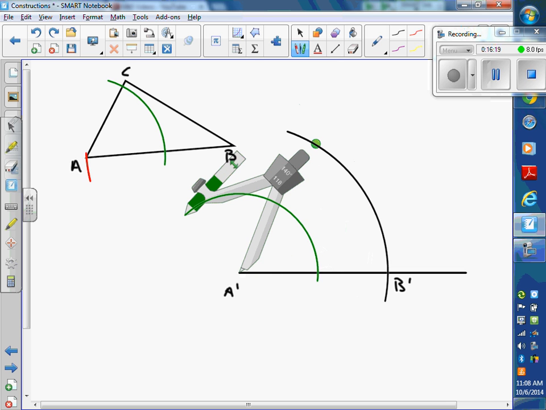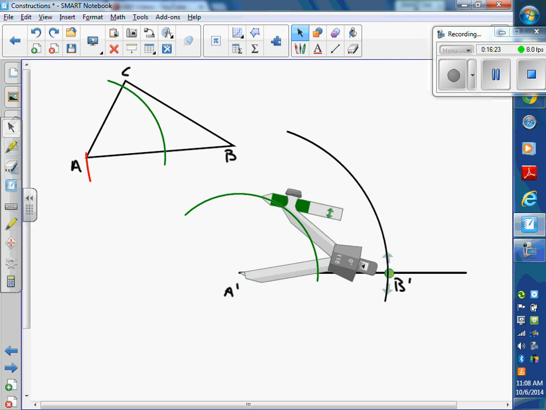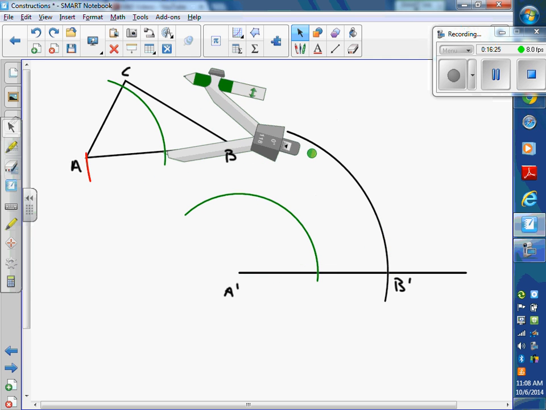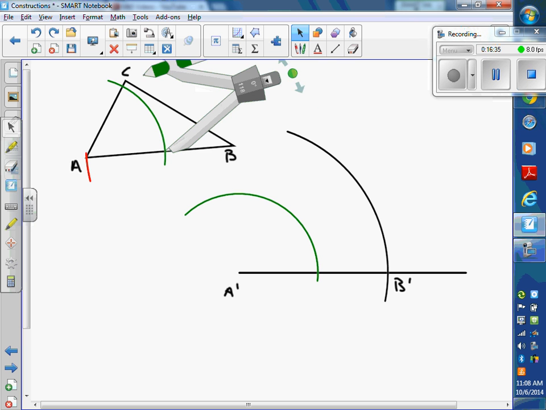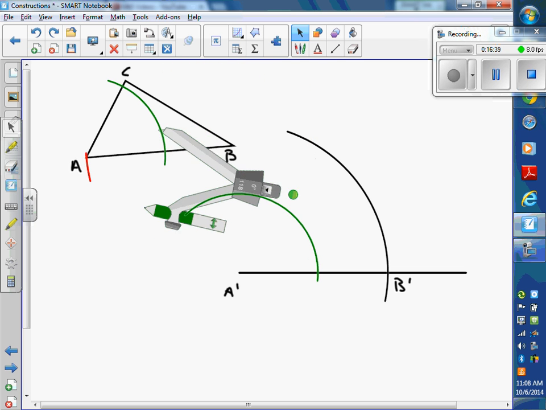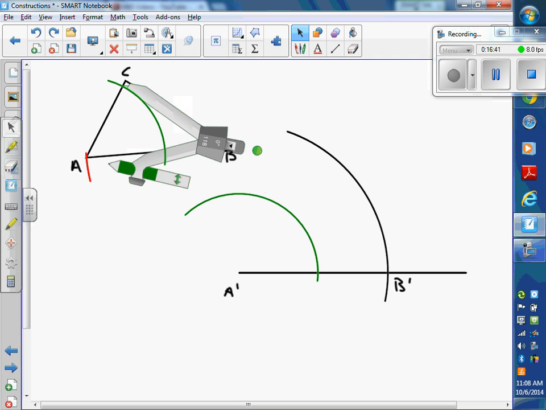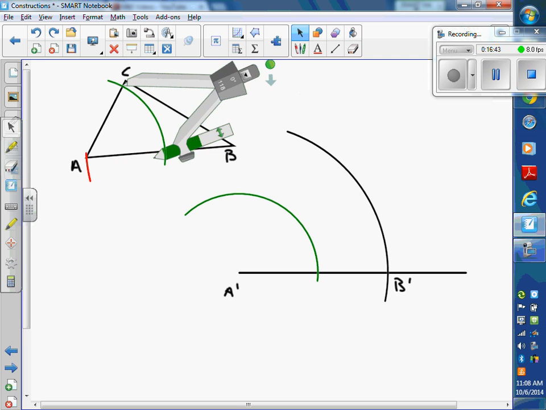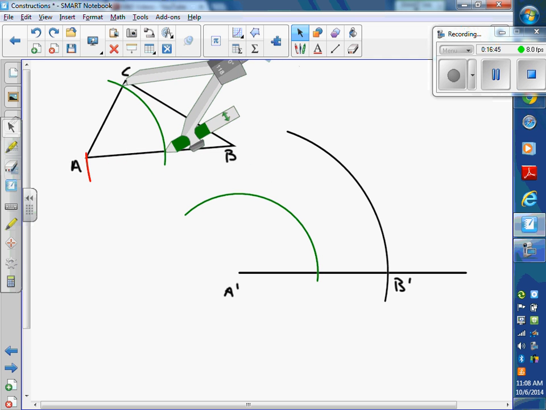Now I have to figure out how wide it is. So I'm going to bring my compass back here and see if I can get the opening. Let's do that. Figure out the width. And I got lucky that it is the exact same.